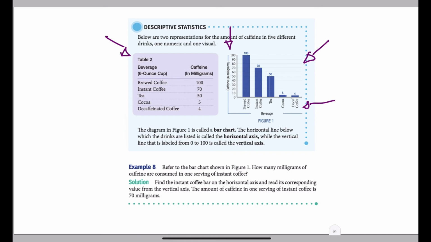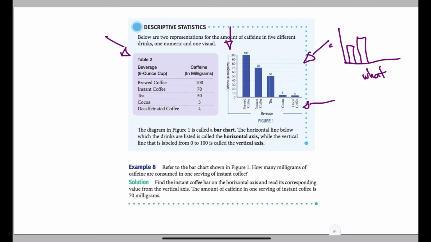If you've ever seen a chart before in bar format, it's always got these two axes, typically distinguishing what the bar is, and then over here, how high it goes.